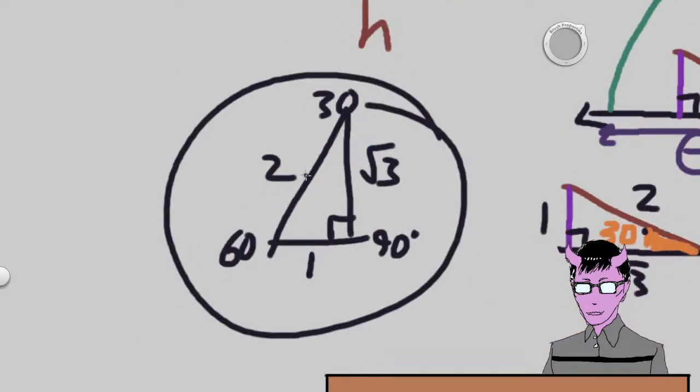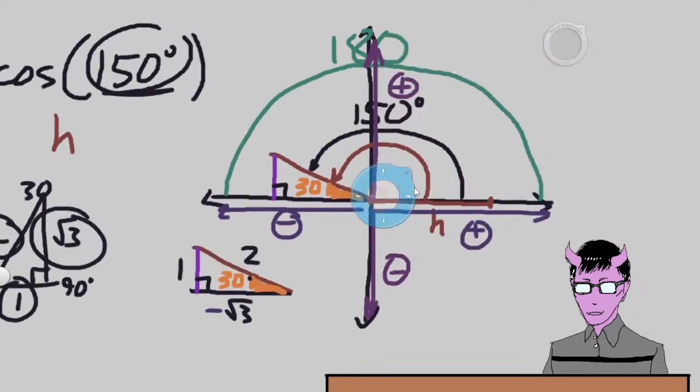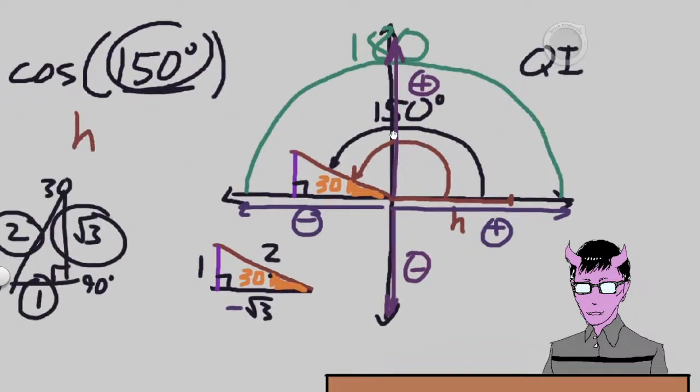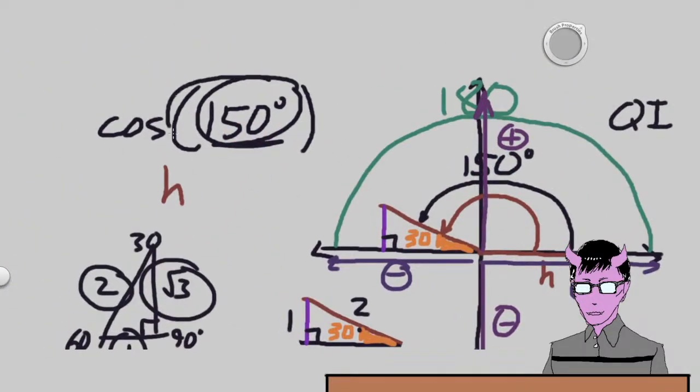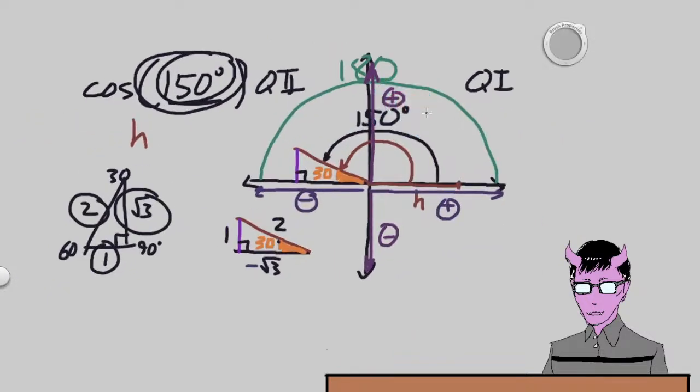If we just assume all these positive ratios, positive 2 to positive 1 to positive root 3, we're auto-assuming that we're forming a triangle in this particular sector or quadrant. So this is called quadrant 1. What this one actually specifies is a right triangle in quadrant 2. Again, it might seem confusing, but it's just a bunch of conventions we need to follow.